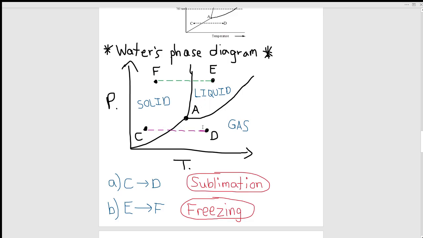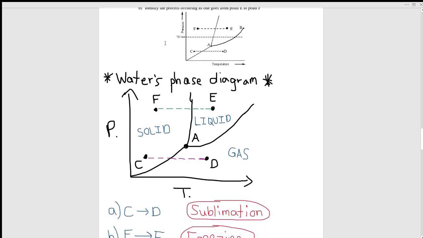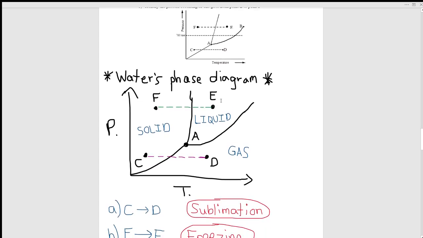So part A asks us to identify what happens as we go from C to point D. Looking at our phase diagram for water, when we go from C to D, we notice that we're transforming from the solid phase to the gaseous phase. So we go from solid to gas without traveling through the intermediate liquid phase. Since we're going from solid to gas, that corresponds to sublimation.